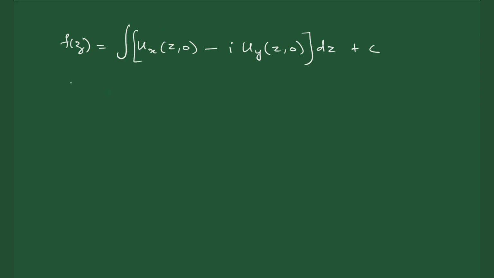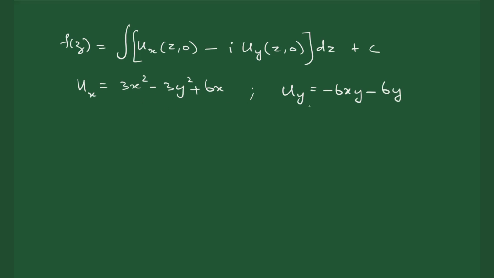Already we know what ux is, but we need ux at the point x comma 0. What is ux? It is 3x square minus 3y square plus 6x. Similarly, uy is minus 6xy minus 6y.